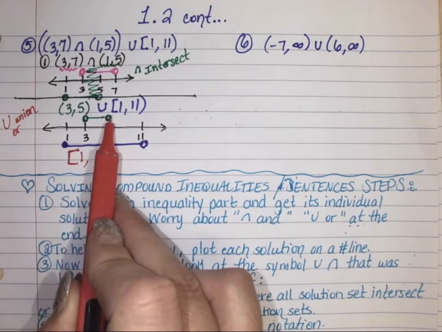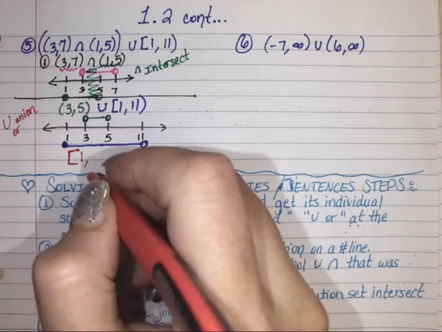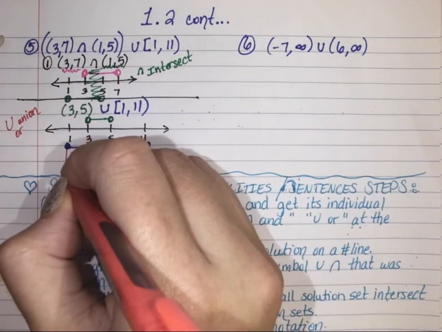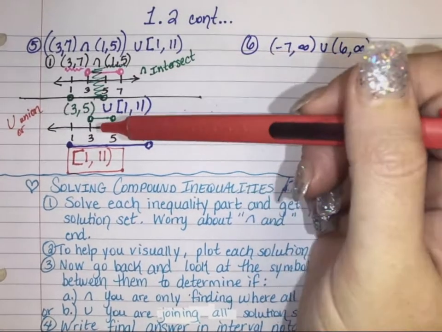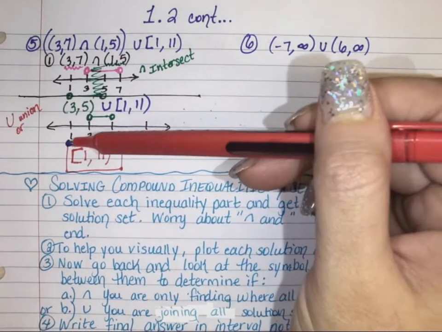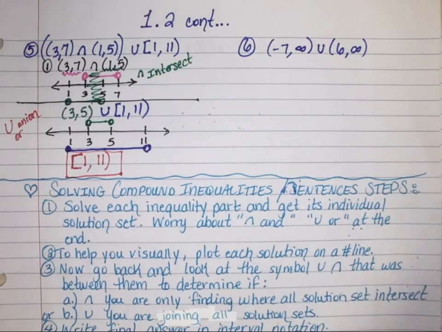So this piece stops at 5, but this part of the graph picks it up and keeps carrying on to 11. And 11's open. So you're joining, so what we did is we just joined both solution sets, which if you'll notice, this solution set overtakes this one anyway.